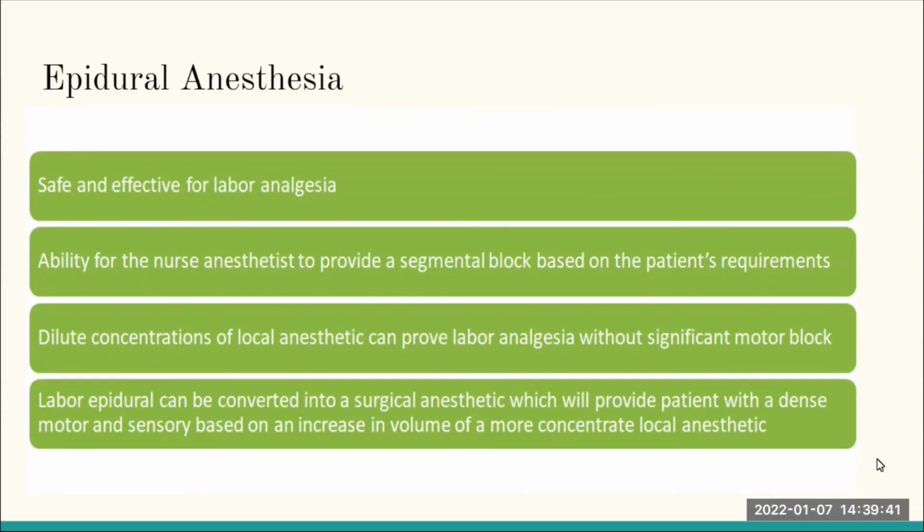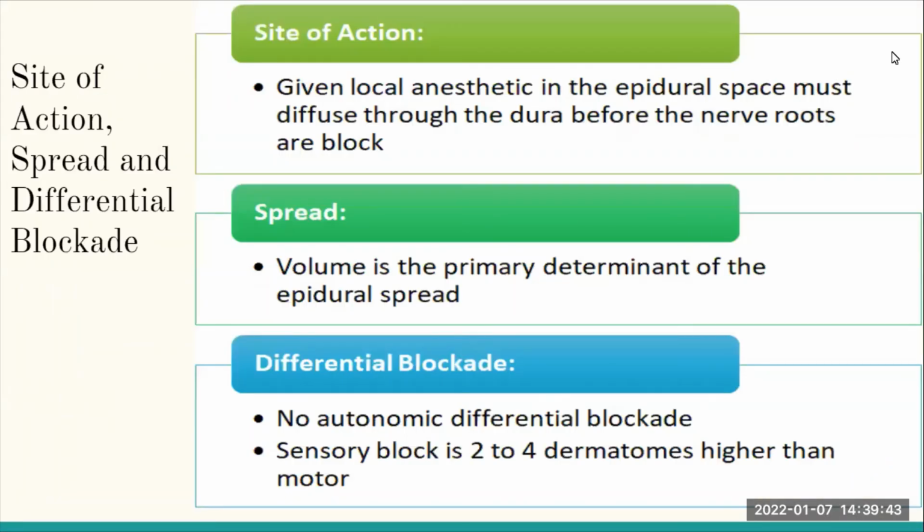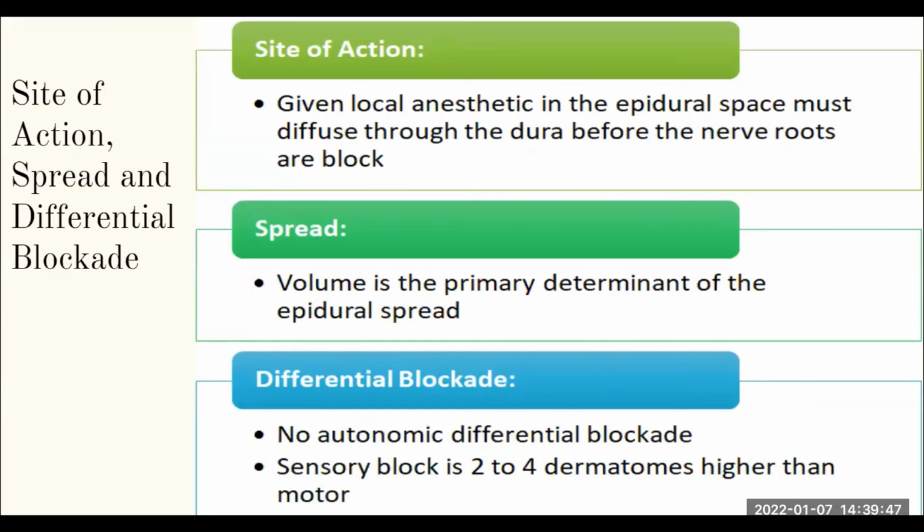On the next slide, epidural works a little bit different compared to spinal. It has more of a slow onset of action, because once you give the local anesthetic in the epidural space, it has to diffuse across the dura before it gets to the nerve root.